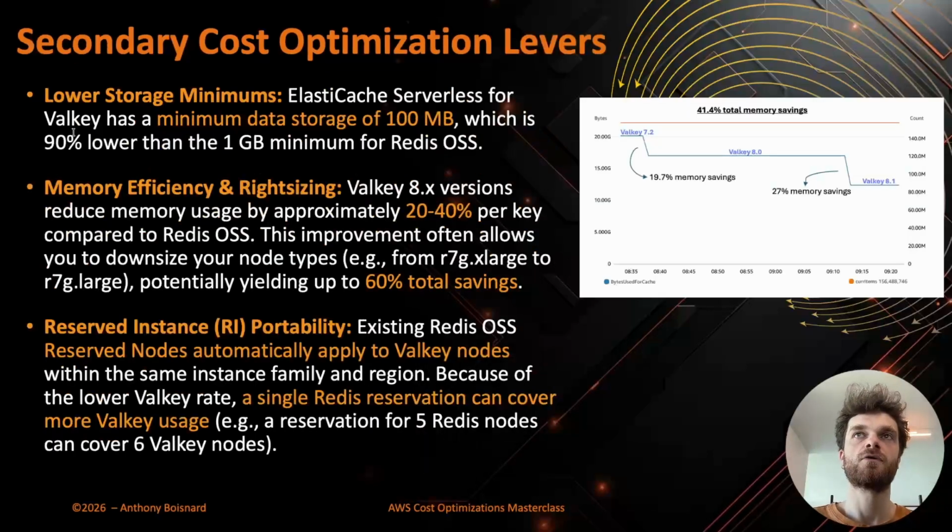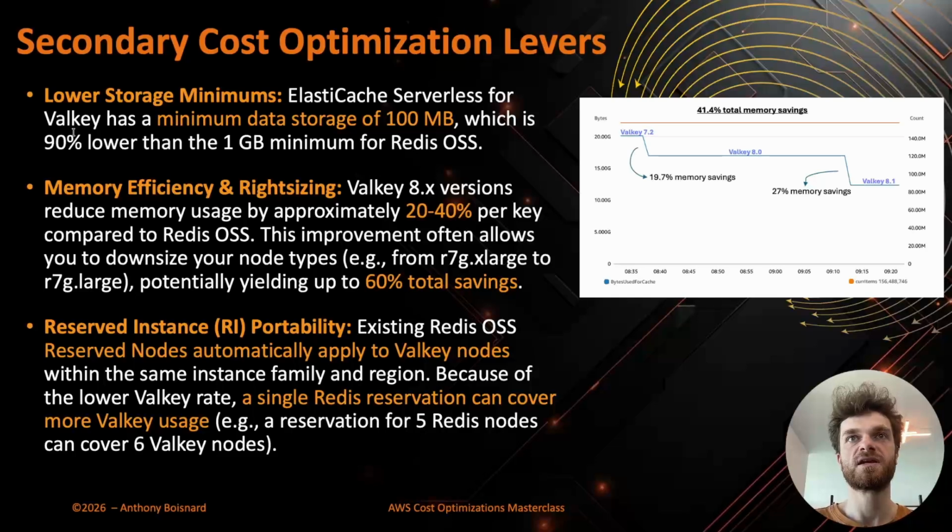You also have other benefits on the FinOps side, for example, lower storage minimums. So ElastiCache serverless for Valkey has a minimum data storage of 100 megabytes, which is 90% lower than the 1 gigabyte minimum for Redis OSS.